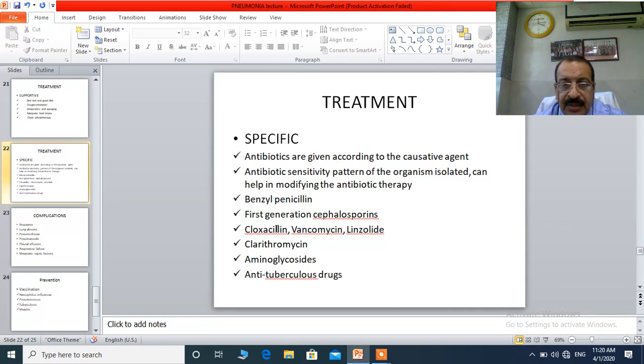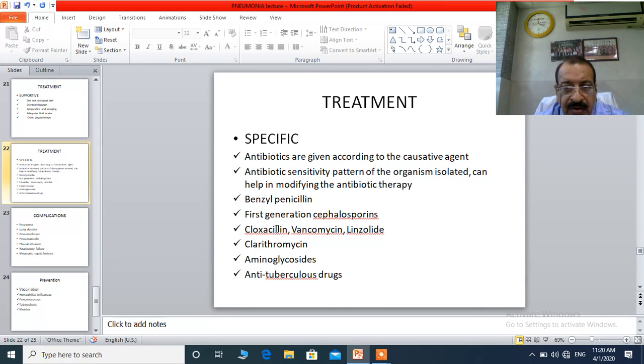So we can give amikacin, gentamicin or ampicillin. In older children, the pneumococcus is the commonest organism, particularly the children having lobar pneumonia. So in that case, the treatment of choice is benzyl penicillin. However, first generation cephalosporin can also be used.